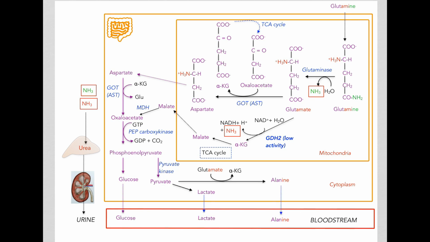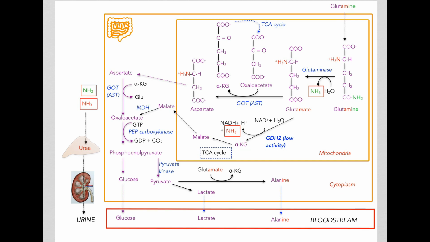The small intestine also has low activity of glutamate dehydrogenase, the isoform 2, the GDH2. So some of the glutamate could be converted to alpha-ketoglutarate, releasing ammonia. And then this alpha-ketoglutarate is converted to malate, which is sent out of the mitochondria, and that malate is converted to oxaloacetate by malate dehydrogenase, and this oxaloacetate can then be made into either glucose or pyruvate or lactate or alanine.